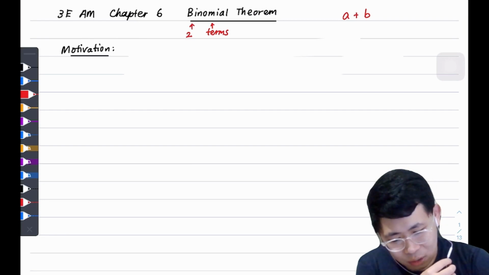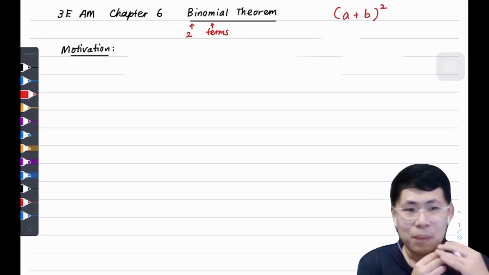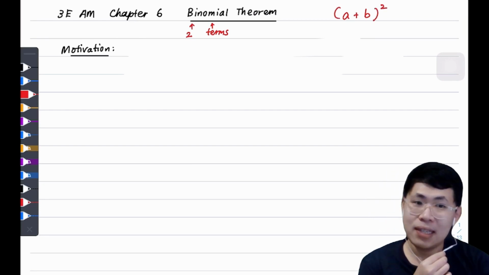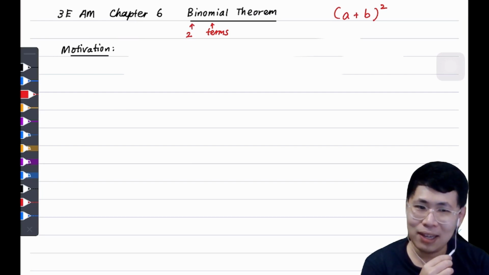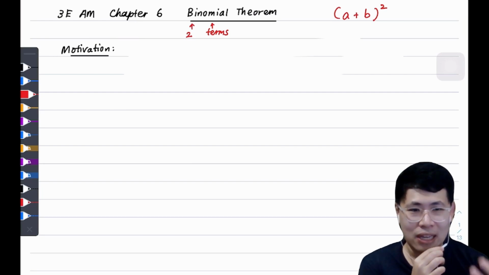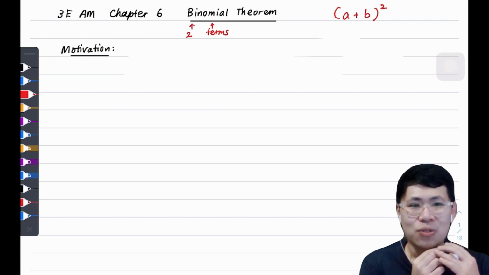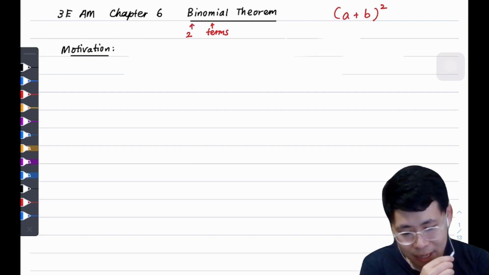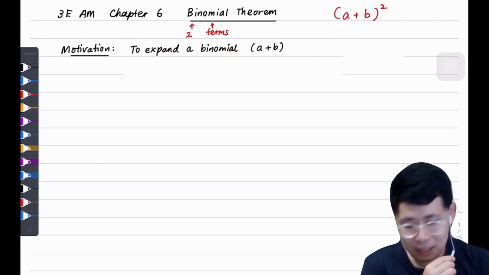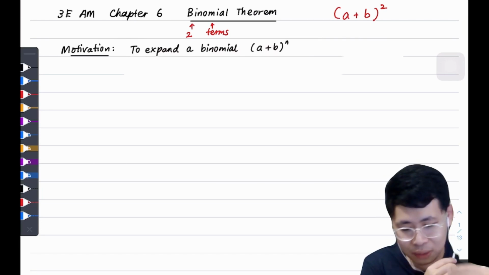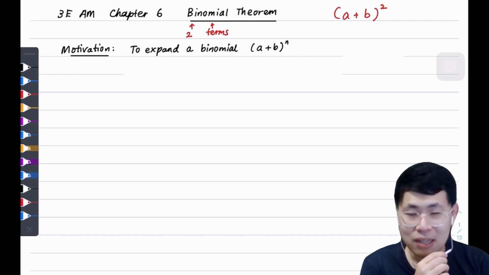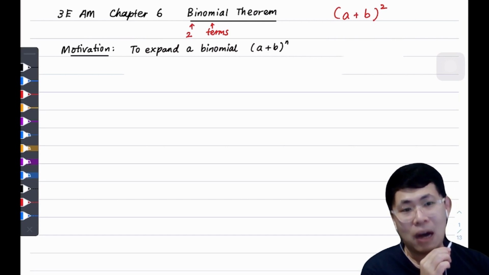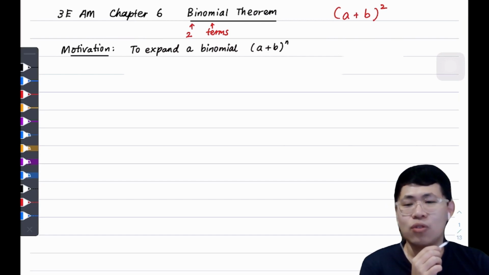Previously in Sec 2, we talked about a plus b squared, which is just a squared plus b squared, and we don't forget our 2ab. So we are looking at how to expand things with a higher power. We are looking to expand a binomial a plus b, but raised to the power of n. This is the motivation of this chapter.